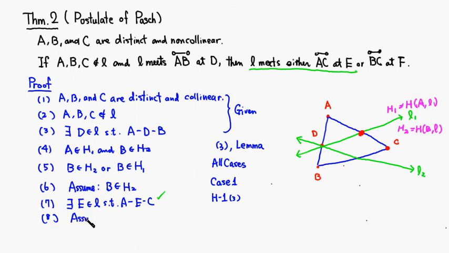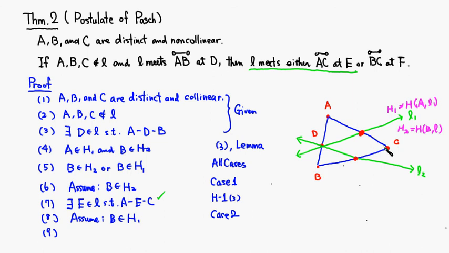Assume that C happens to be in H1, right? So which is this case? So A and C are on the same side, but B and C are on the opposite side. So this is our case 2. Right, but we can make the same kind of conclusion.